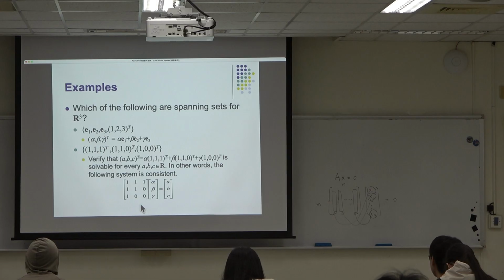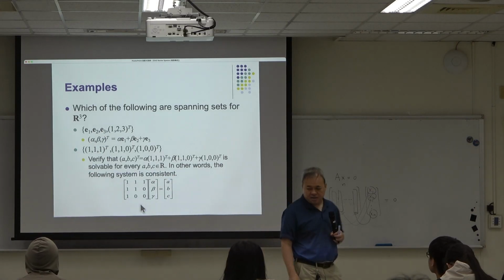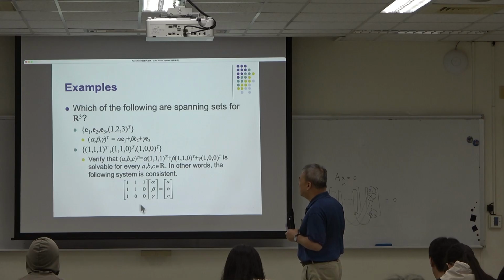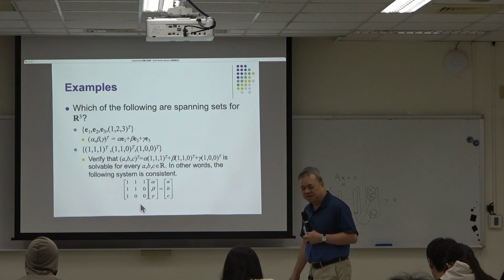The following are some questions that you need to consider. Which of the following are spanning sets for R3? The first one is E1, E2, E3, and 1, 2, 3. The 1, 2, 3 is the additional vector.